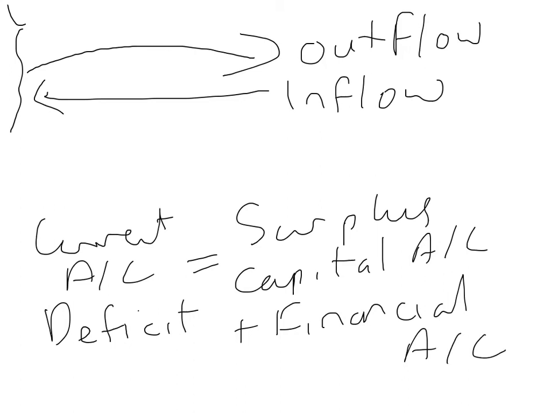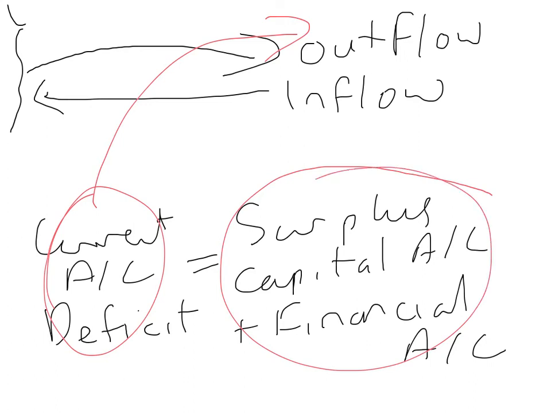So the current account deficit represents the outflow, and the surplus on the capital and financial accounts, this thing here, represents the inflow. It's as simple as that.